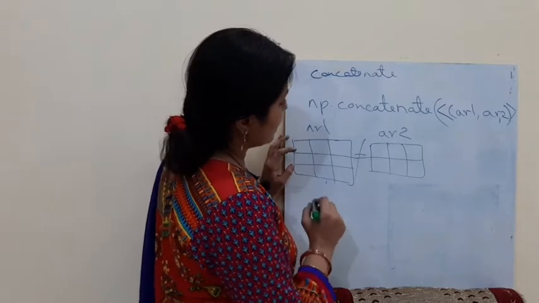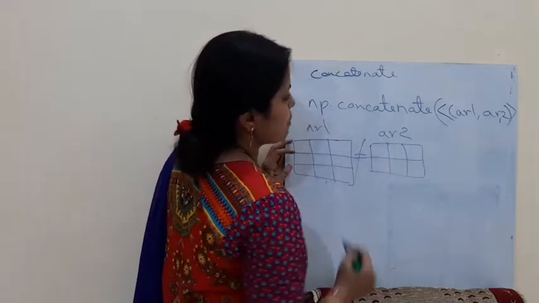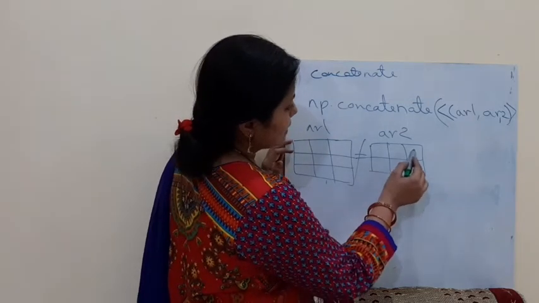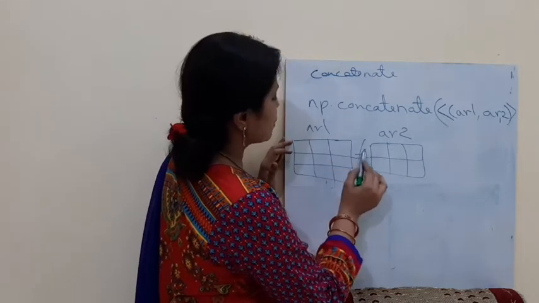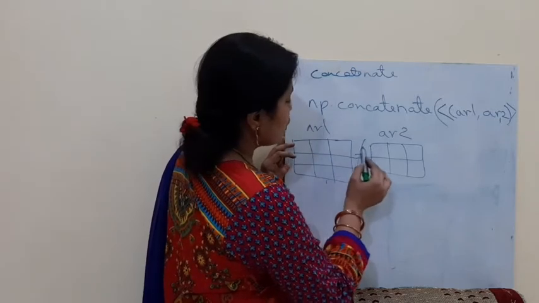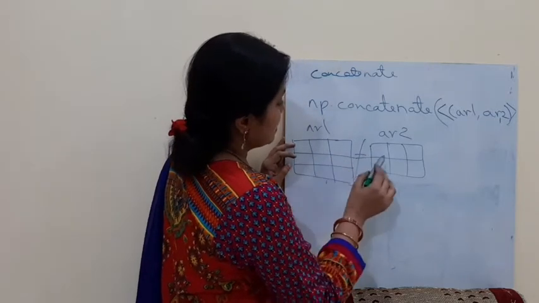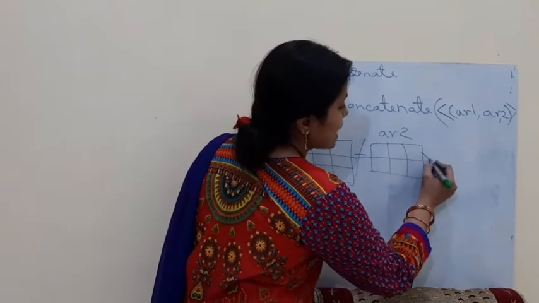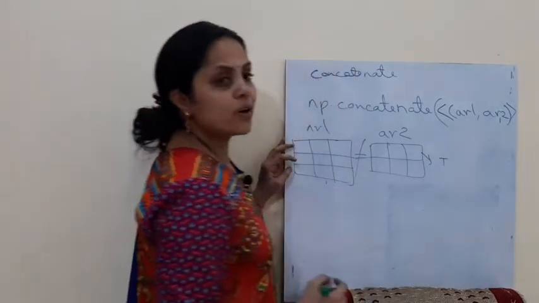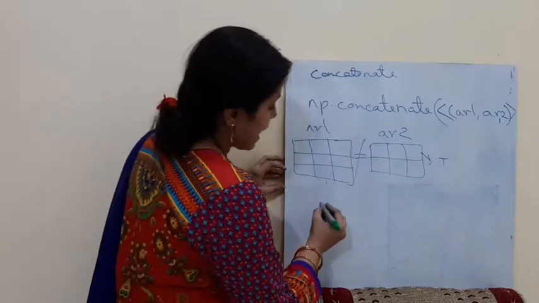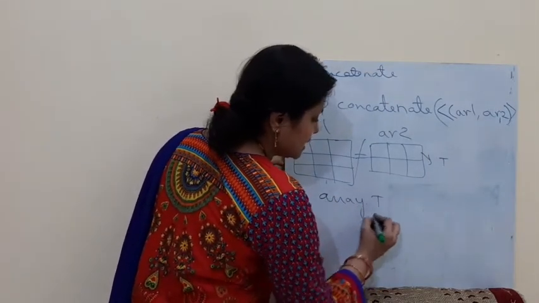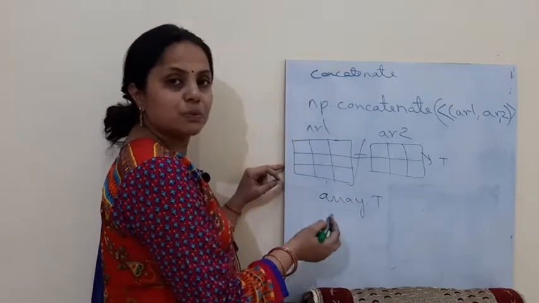Now, one more thing: if this is not possible, if I want to join this and I find that it has the same number of columns as rows, so we know that the transpose of this could be joined. So what can I do? I can use array.T to get the transpose of a matrix.